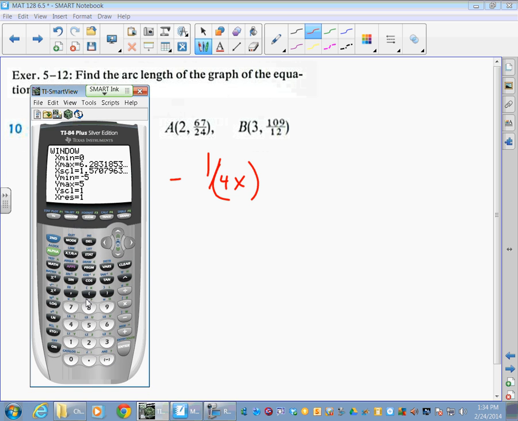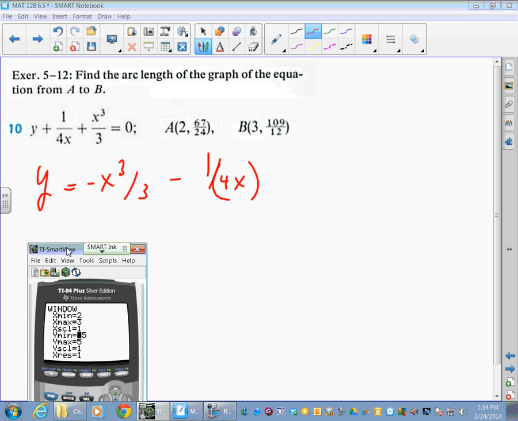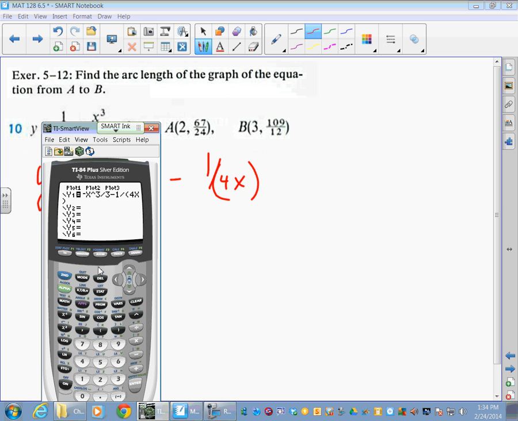Window. I think I'll go from 2 to 3 there. Did I do that right? Yeah, I did. Well, they're really wide bounds.